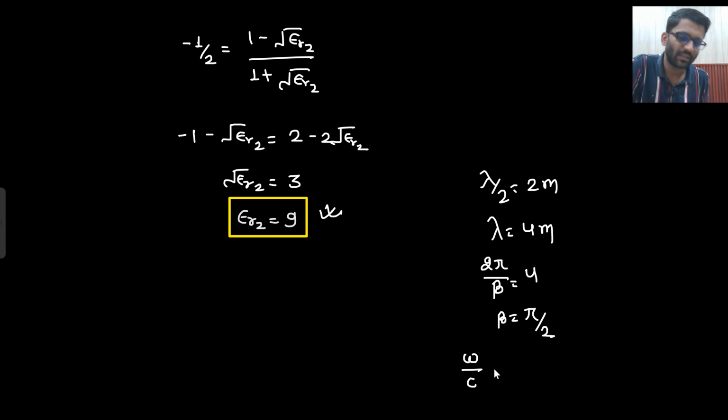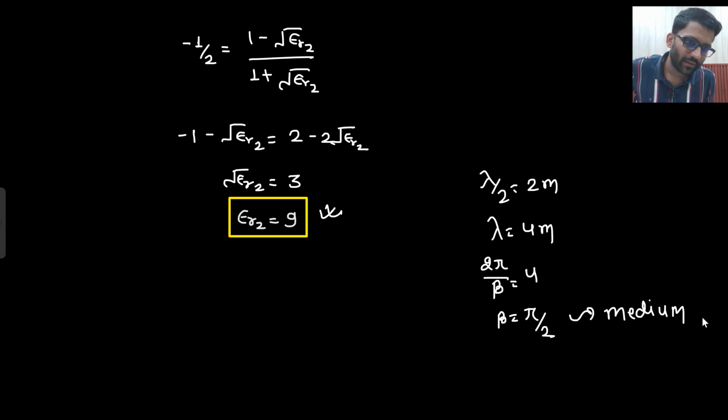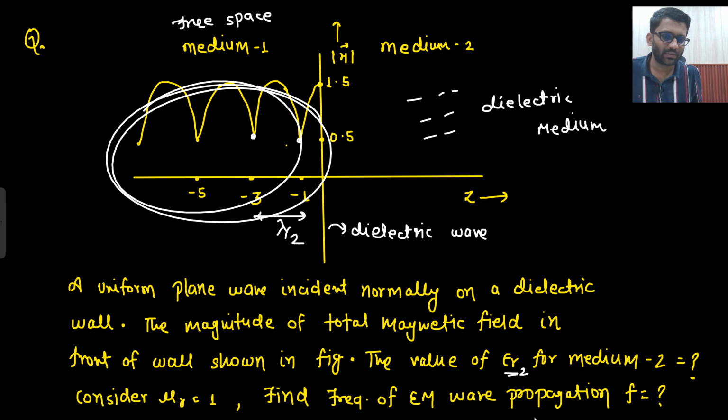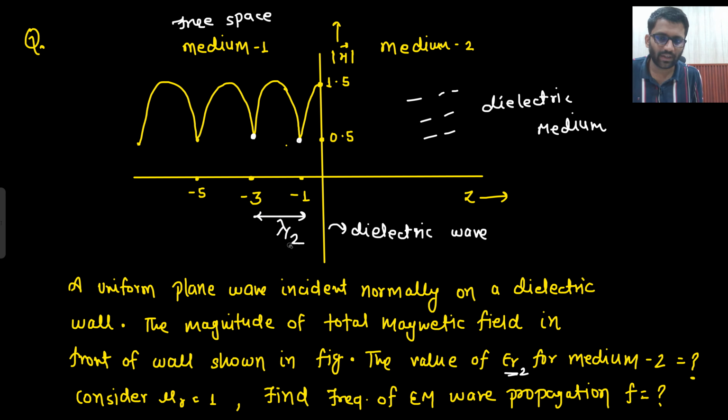Omega by c times under root epsilon r. You tell me one thing: this is the beta of medium 1, right? This is lambda 1, beta 1. Why is that so? Because we are calculating all these things in medium 1. So this is the lambda of medium 1, a very important point.